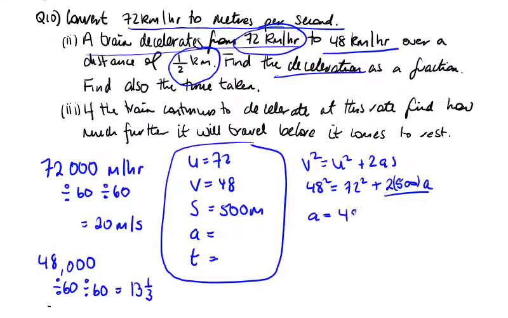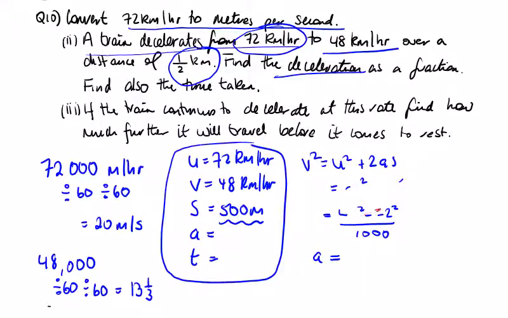So we're going to have 48 squared minus 72 squared divided by 1000. Now look what I've done, this is kilometers an hour, I'm trying to go too fast here, and this is 500 meters. So I'm going to go back and actually use those fractional numbers that I got a second ago. I think it works out a bit neater than this one.